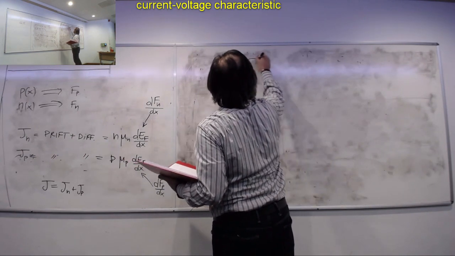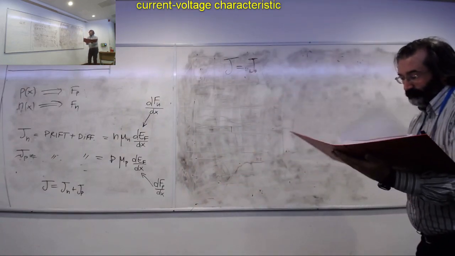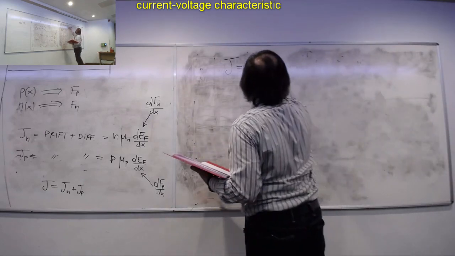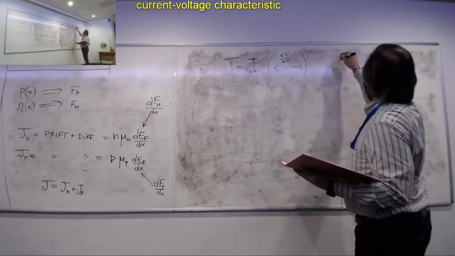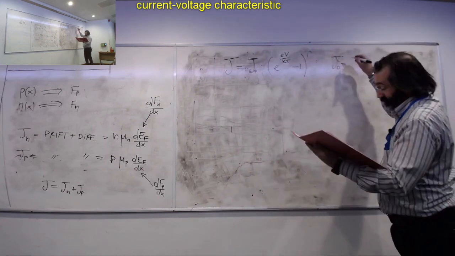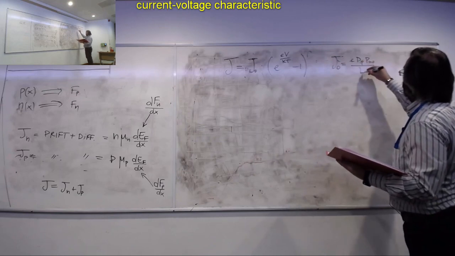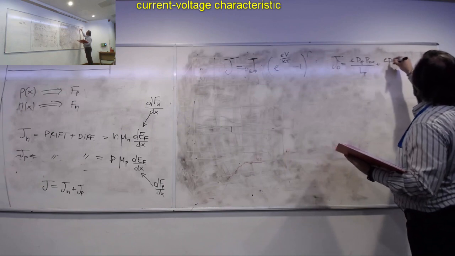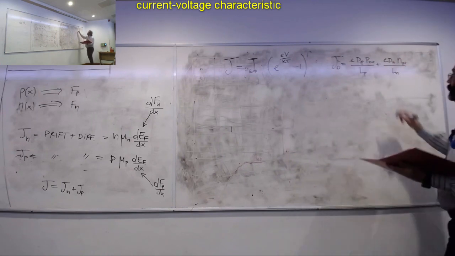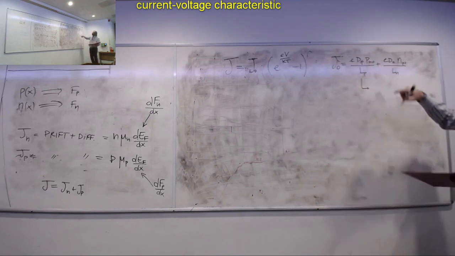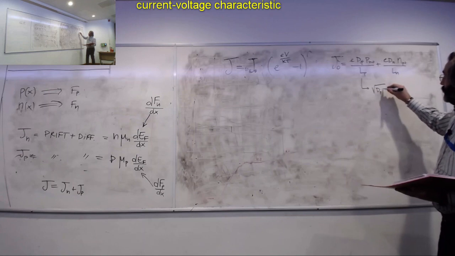that J equals J0 e to the power, where J0 is given by an expression. So this is the diffusion coefficients that we know of, minority carrier densities, and this is called the diffusion length, and this is the square root of Dp tau p.